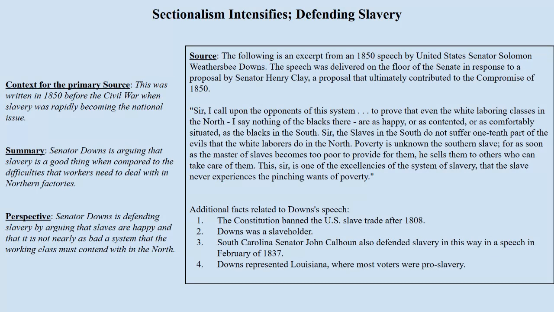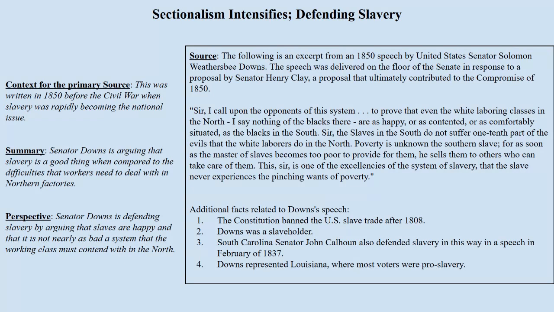So these are two facts that would be very helpful to understand, to put this thing in better perspective, to show bias. When we talk about the perspective, we're recognizing, hey, this dude owned slaves. He represented Louisiana, a state where voters were pro-slavery. And so that would be why his perspective on the issue of slavery is a positive one.